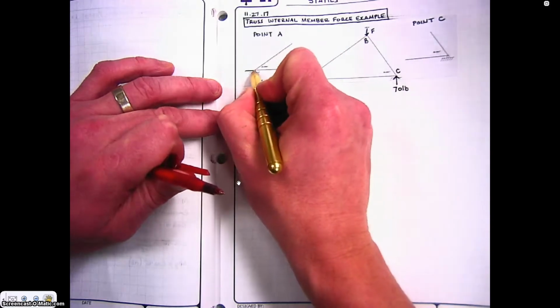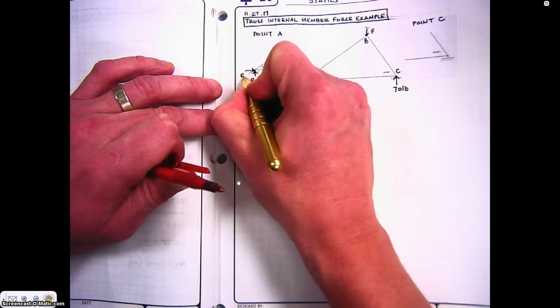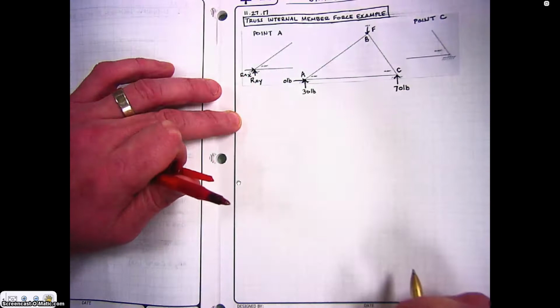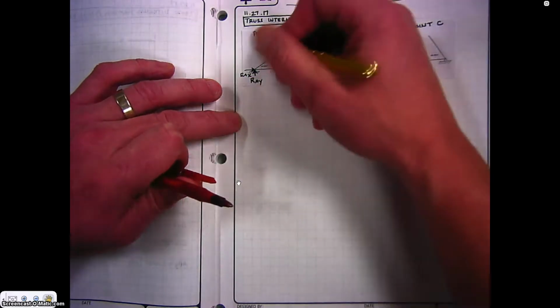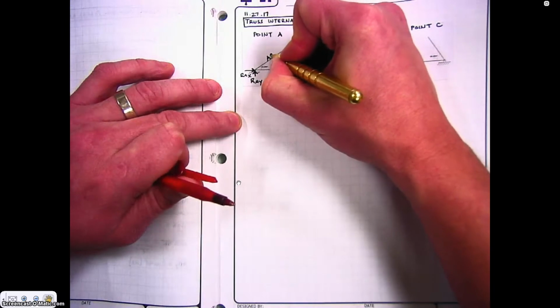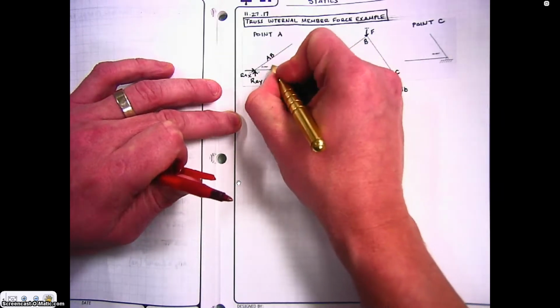Here we have the reaction force at A in the X direction. We know that this is member AB, and we know that this is member AC.